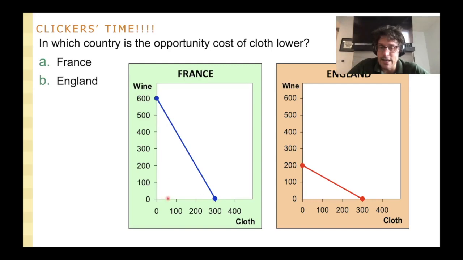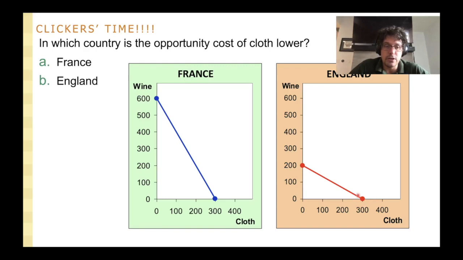This is basically the rise over the run, the slope that is telling us the opportunity cost. And it's telling us that 600 divided by 300 is 2. If I want to produce one more cloth, I have to renounce 2 of wine. Conversely, in England, what is the opportunity cost in England? It is 200 divided by 300, which is around 0.6.